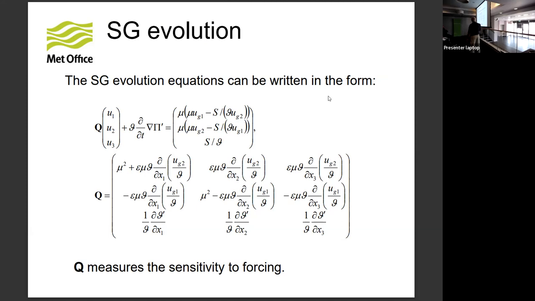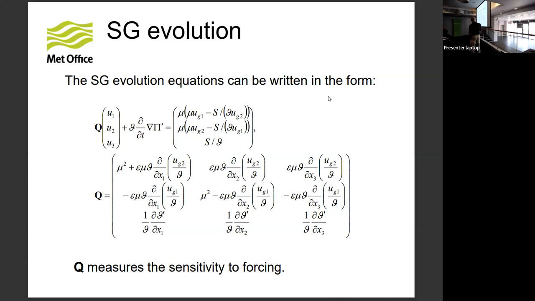So the time the matrix is equal to this. This is like the geostrophic advection, and these are the effects of the diabatic forcing. If you manipulate this using the continuity equation, you actually get rid of this term, and you find the evolution is controlled by the geostrophic advection plus the diabatic forcing.